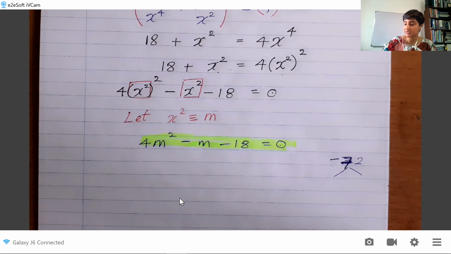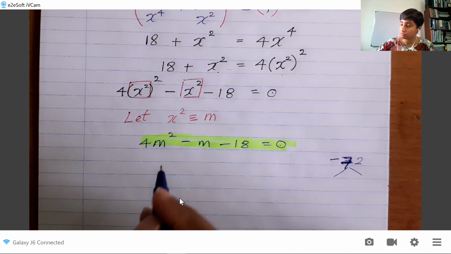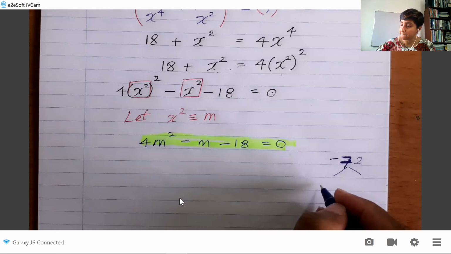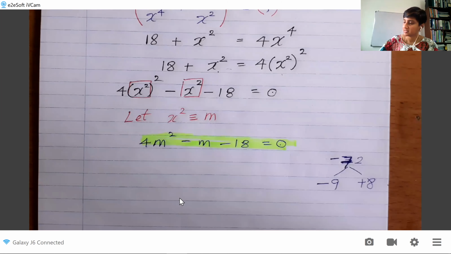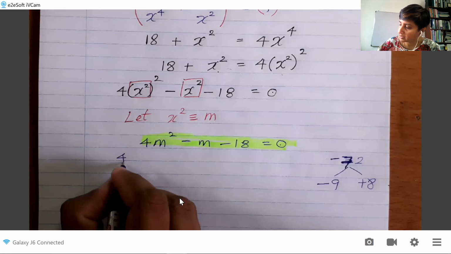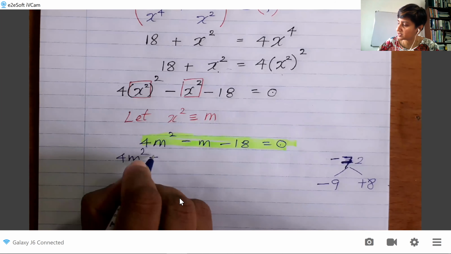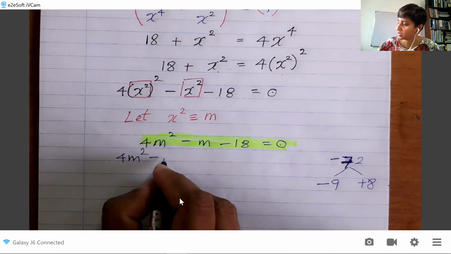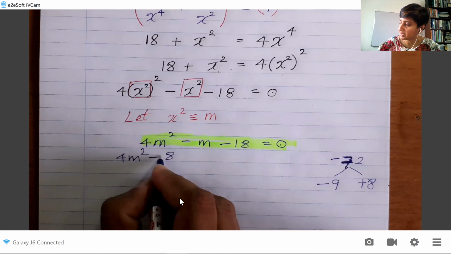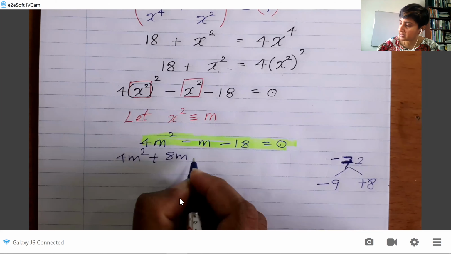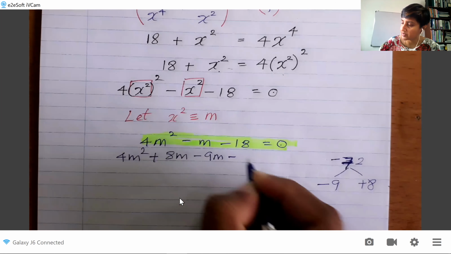So I have to get minus 1m. I can do minus 9 and plus 8, isn't it? So let me just do that. 4m squared, let me put the 8 here so that I can take it with the common 4, plus 8m minus 9m minus 18 equals 0.